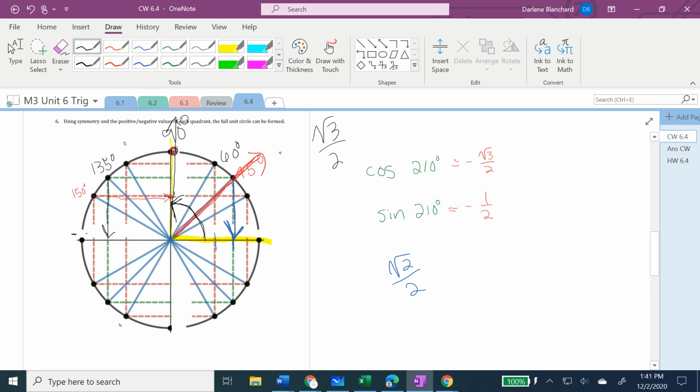So the x-coordinate of that point is on the negative side of the x-axis. And if you go from the origin, it is 1 to the second of those special coordinates from the origin. So it is negative root 2 over 2.